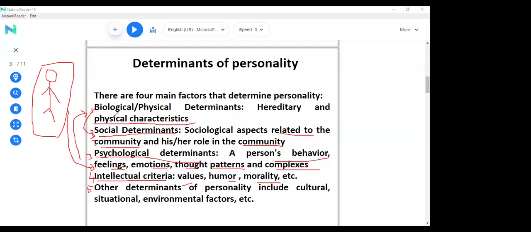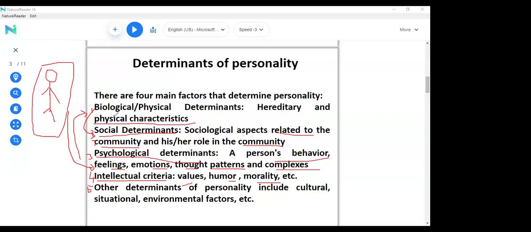Automatically, Mahendra's physical appearance is not a separate thing. That concept, topic, or determinant changes with the other two topics.